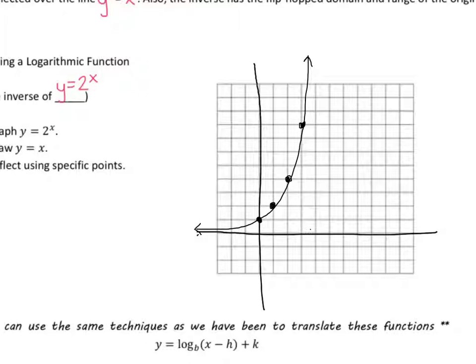And this one has a horizontal asymptote of what? 0. Yes, y equals 0. That's the exponential one. You can label it if you need to.